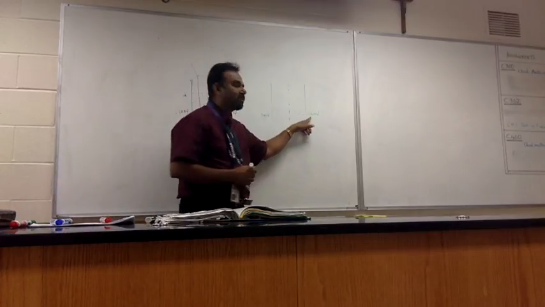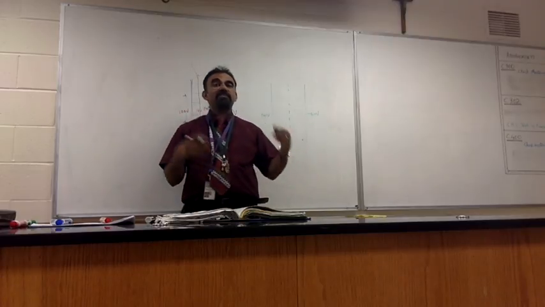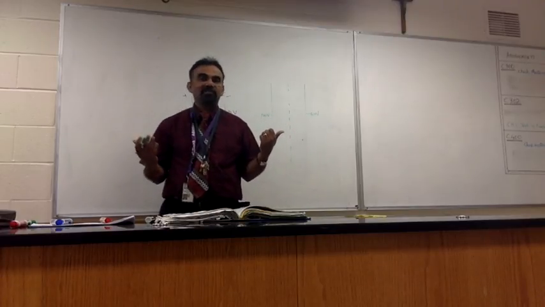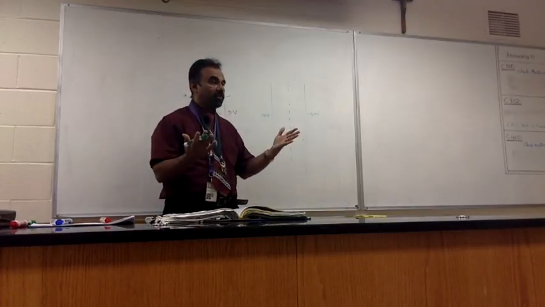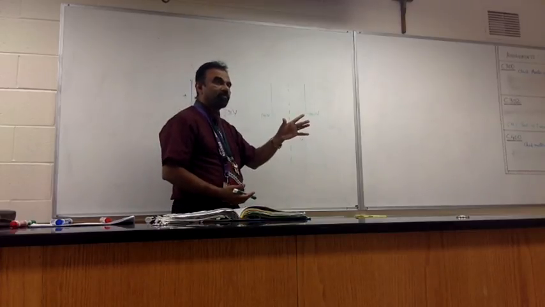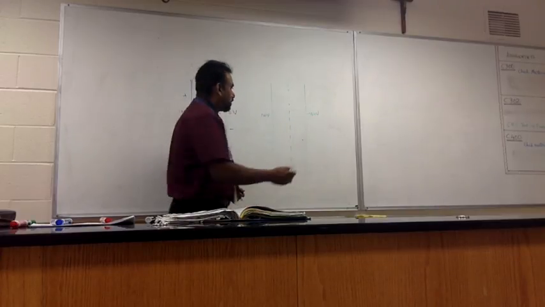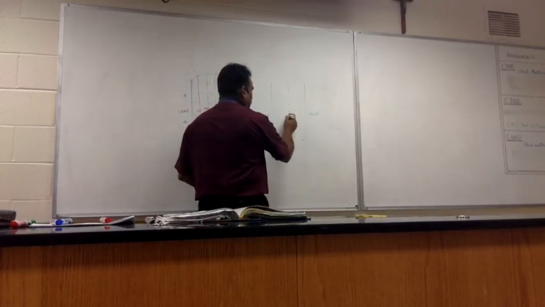So what you do is this. This is 100 and this is negative 40. What's the potential difference? 140. So from here to here there is a 140 drop. So from here to the middle it should be a 70 volt drop. So this is going to drop to 30.